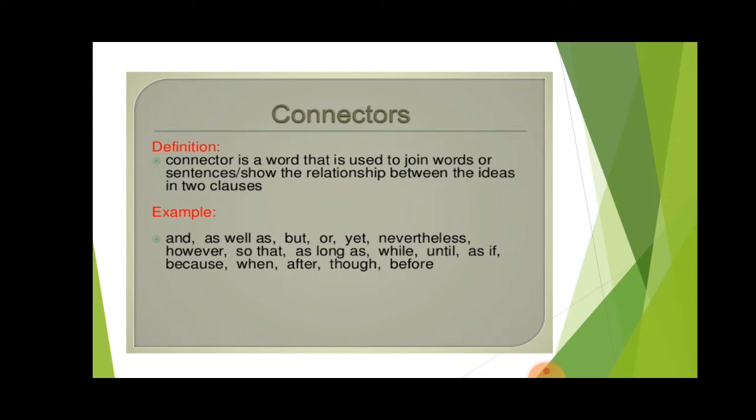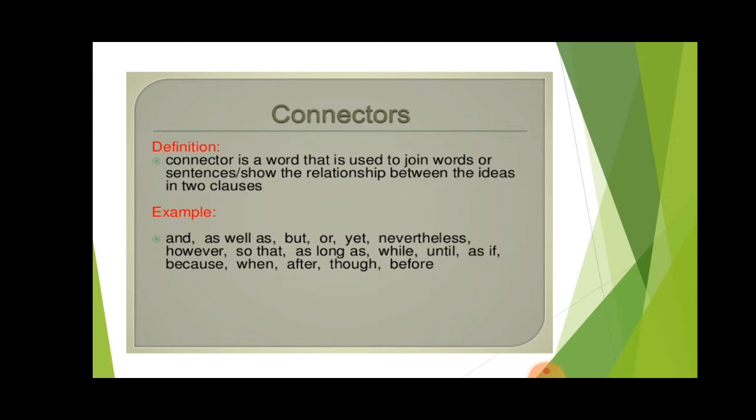Connectors are the words or phrases that join together the thoughts of a speaker or writer to make them flow more smoothly. Basically, connectors are conjunctions. You know what conjunctions are? Conjunctions are used to give more information, give alternative, give reason, give result, or unexpected information.